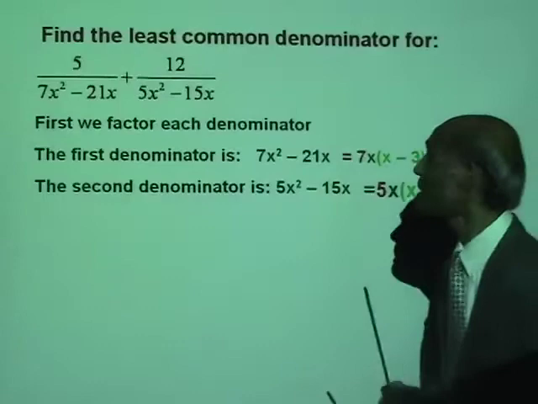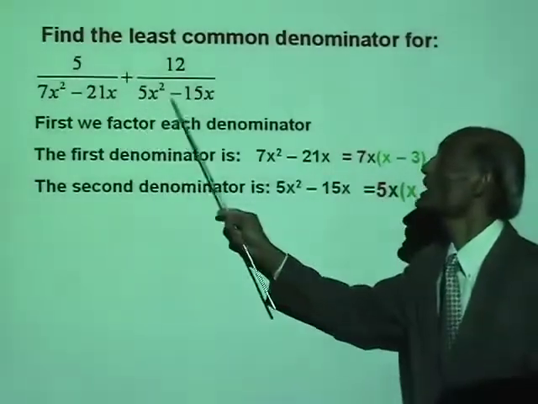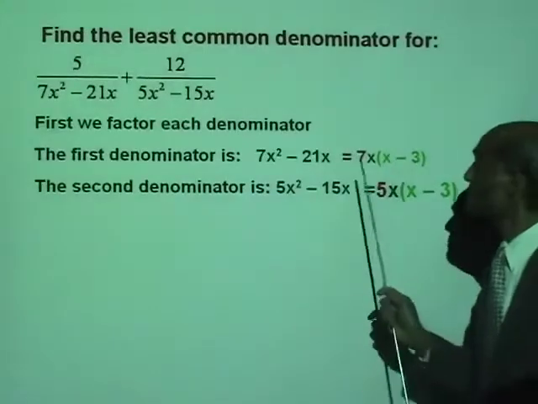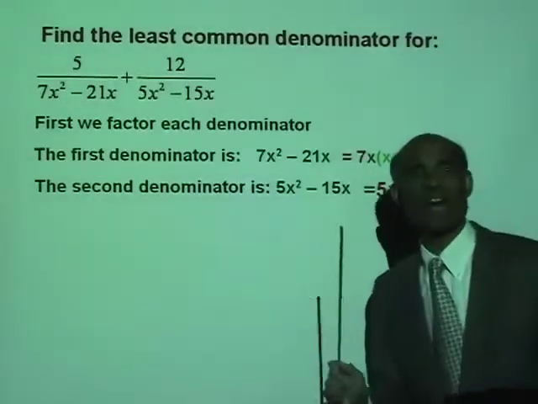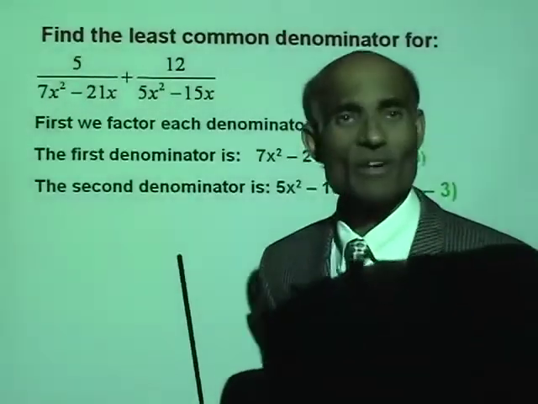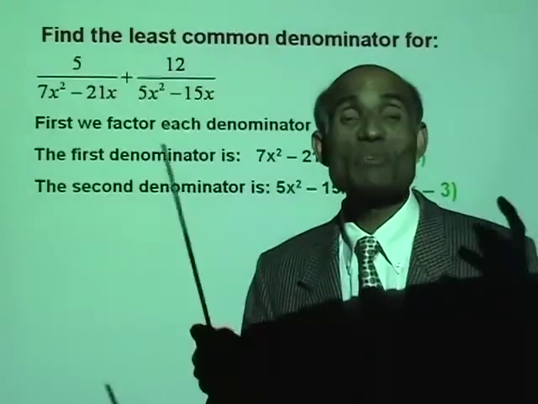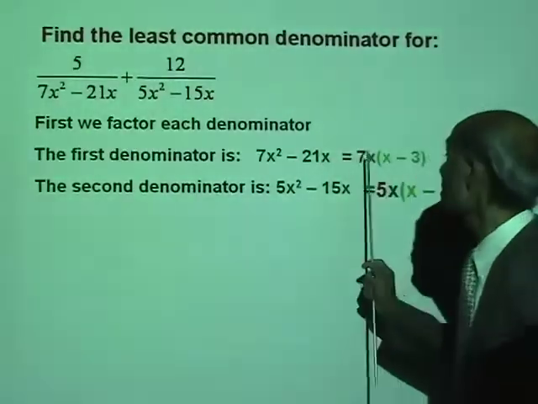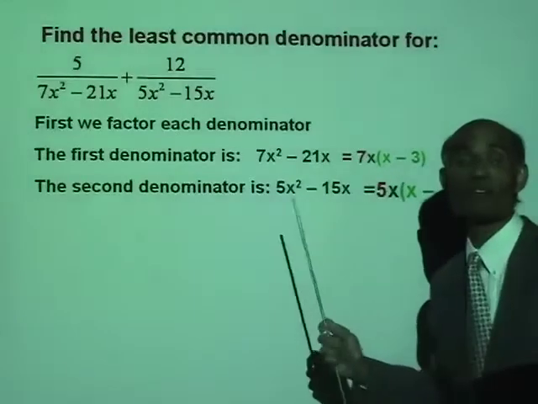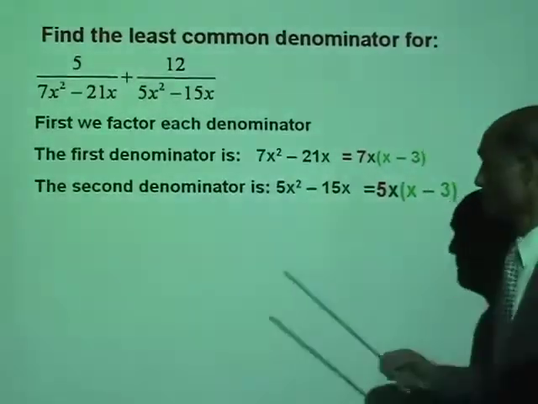Okay, now how do we pick the LCD? We factored both denominators. Now start like this. What is the LCD of 7 and 5? When there is no common factor, the LCD will be the product of the factors. So the LCD of 7 and 5 will be 7 times 5, 35.